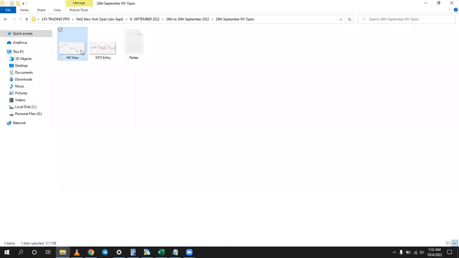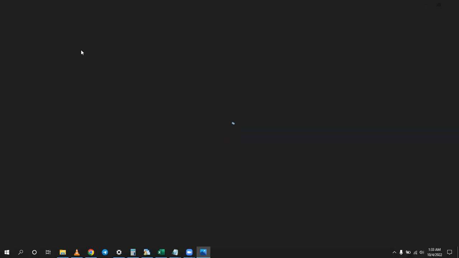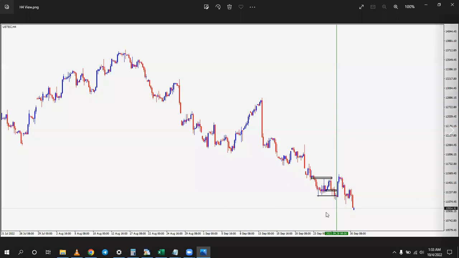Let me first open the H4 so that you can see the trend. Yeah, the downtrend. On the left-hand side, before the open, you can see we were projecting a downtrend clearly.